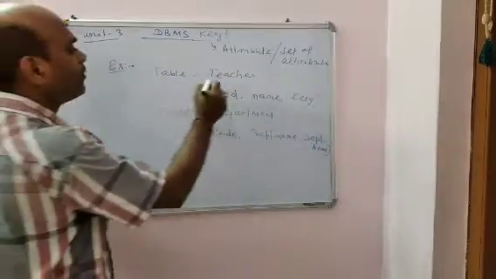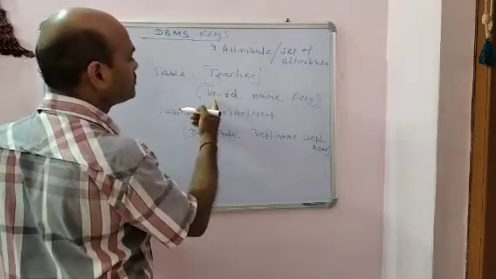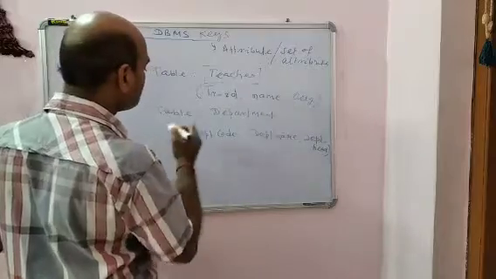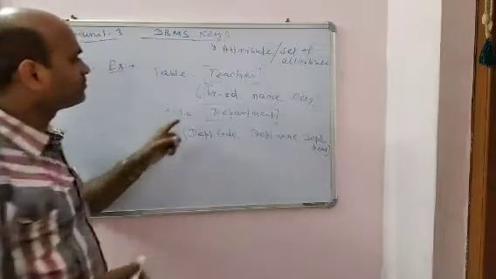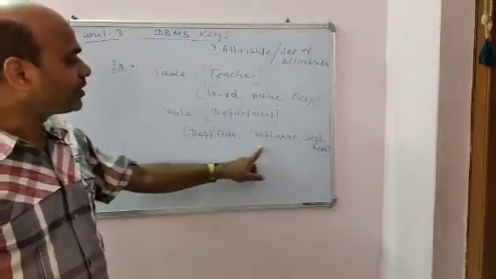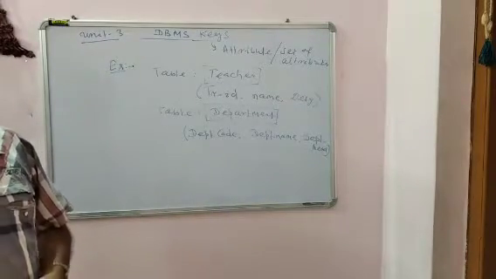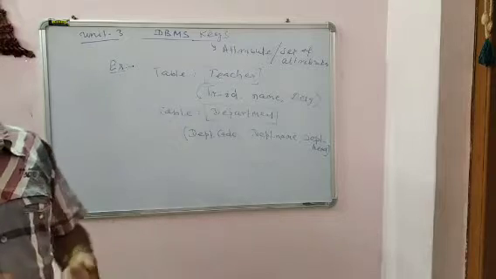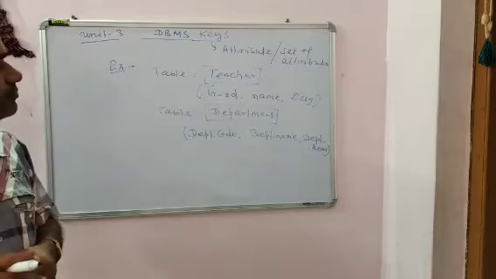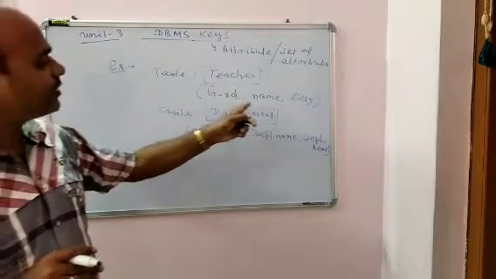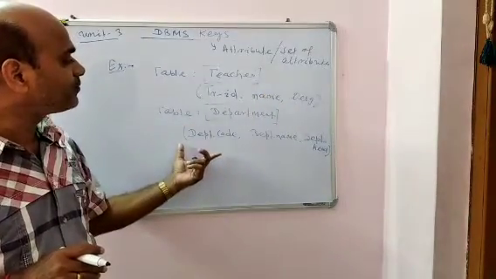So consider two tables. One is the teacher table, whose attributes are teacher ID, name, designation. Another table is department, with attributes like department code, department name, and department head. However, there is no way to see which teacher works in which department. Suppose a teacher named Ashok: we cannot find in which department he works.